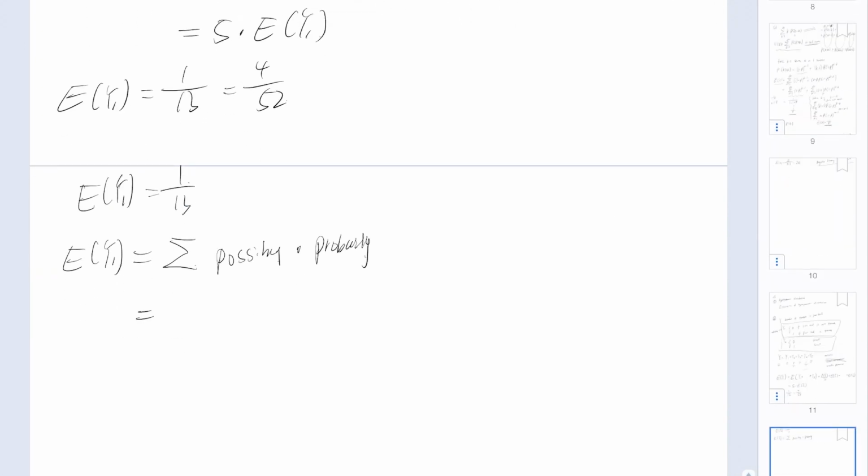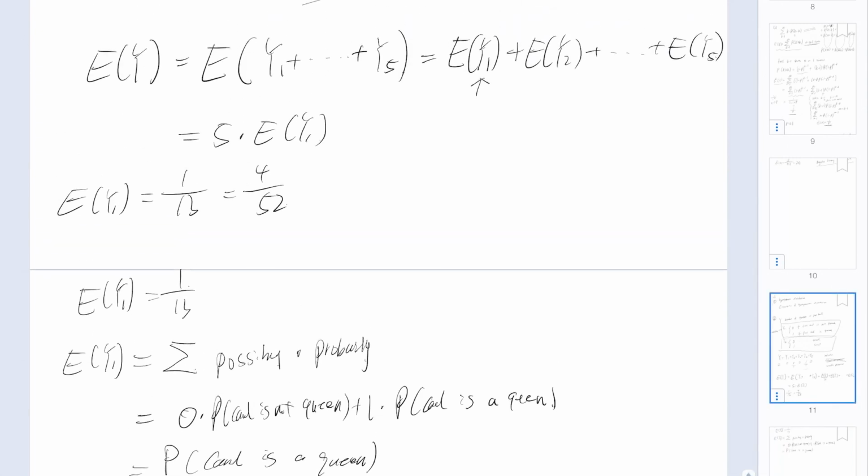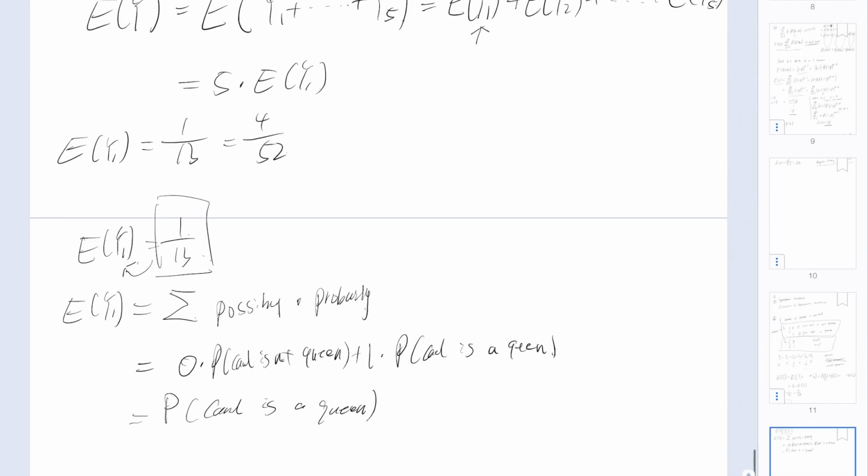But for this indicator y1, it can only be 0 or 1. It's 0 when the card is not a queen, and it is 1 when the card is a queen. So the expected value is actually just the probability that the card is a queen, and that's why we can directly calculate the probability as the expected value. So the answer for the expected value of y is just 5 times 1/13, which is roughly equal to 0.38.